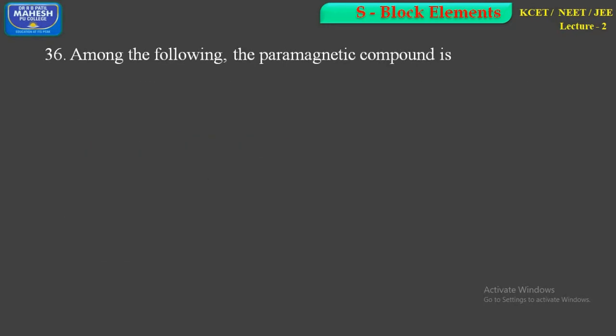Question 36. Among the following, the paramagnetic compound is option A, sodium peroxide, option B, ozone, option C, nitrous oxide, option D, potassium superoxide.